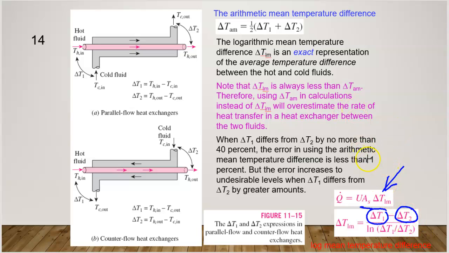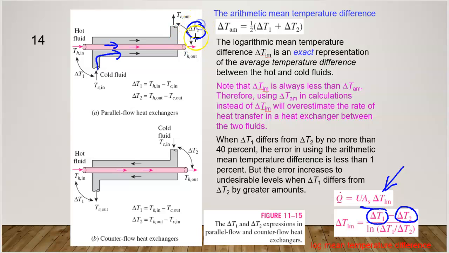So what is delta T1? What is delta T2? Basically, when you look here, this is parallel flow. What do you mean by parallel flow? Because this is cold water, it's moving that way. This is hot water, it's also moving that way. So this is parallel flow. And here we have delta T2.